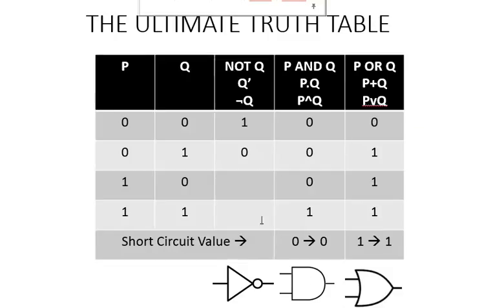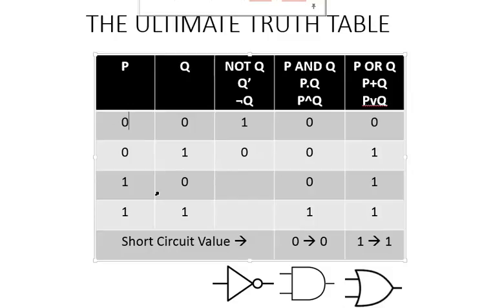So to summarize, AND evaluates to true if and only if all the inputs are 1s, whereas OR is almost the logical opposite, but not quite. OR evaluates to 0 if and only if all the inputs are 0, which means we have the short circuit definition where we look for the opposite.